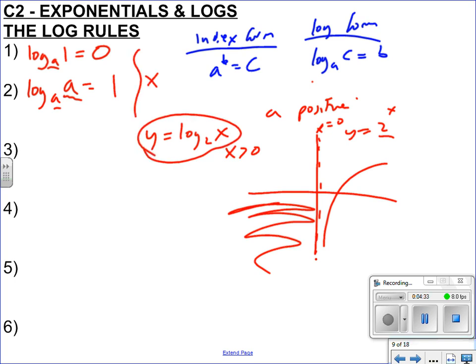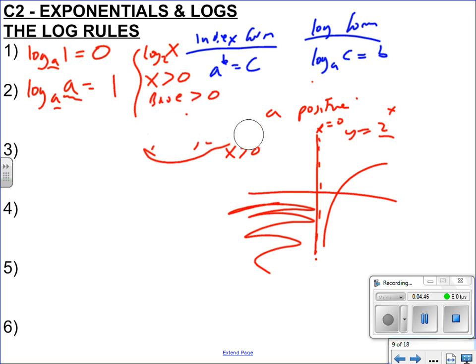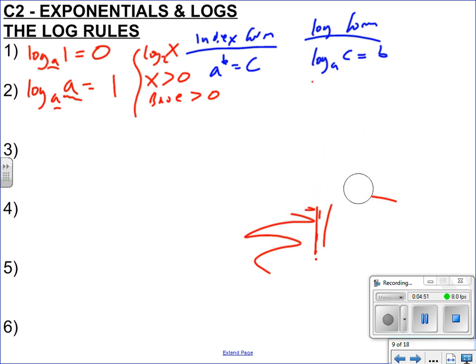So if log base 2 of x, x must be positive, and the base must be positive. So these are important things that you need to be aware of, and that should answer why these things can't be negative, because think about what log is in terms of the inverse of the exponential.